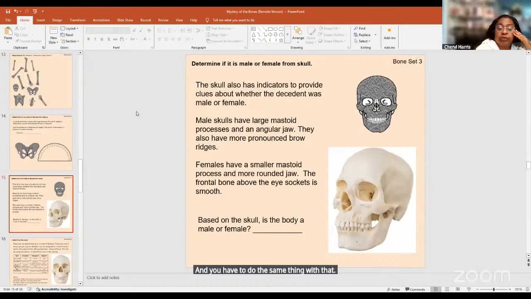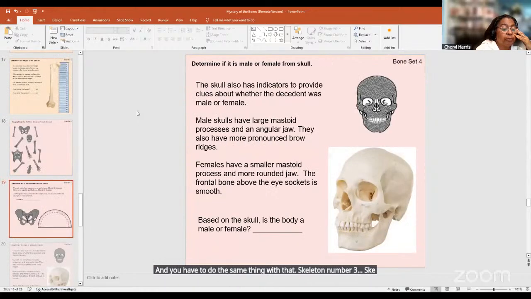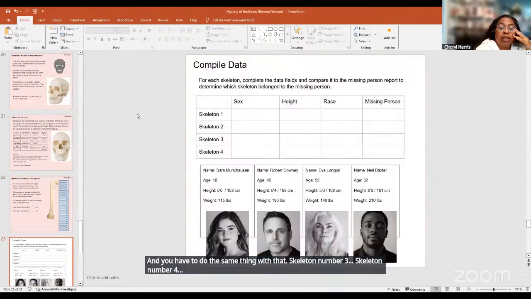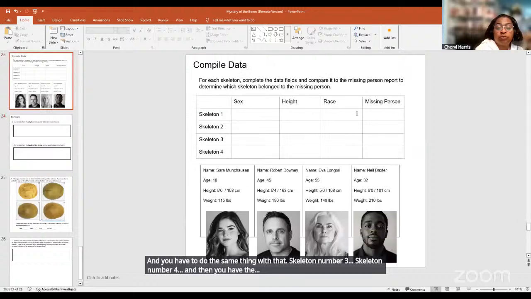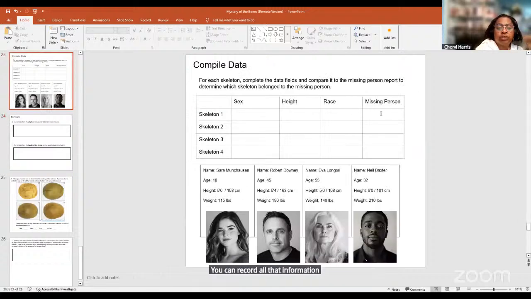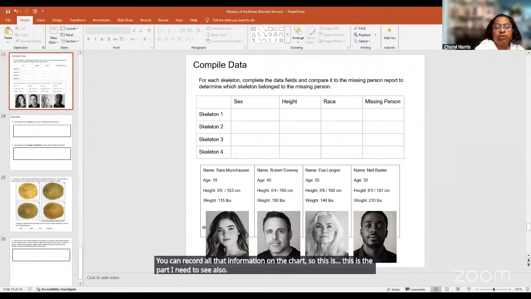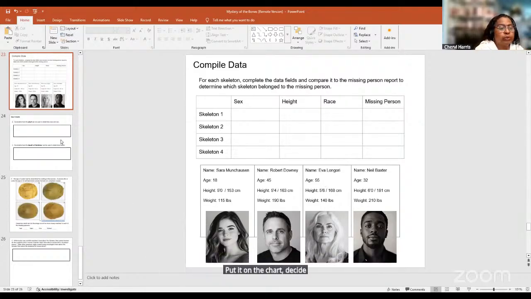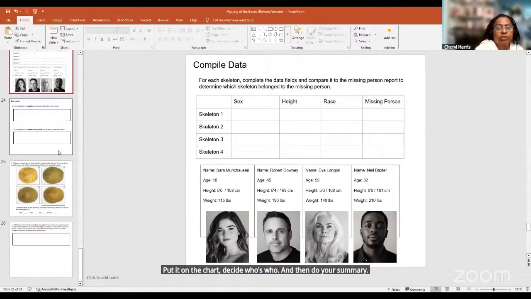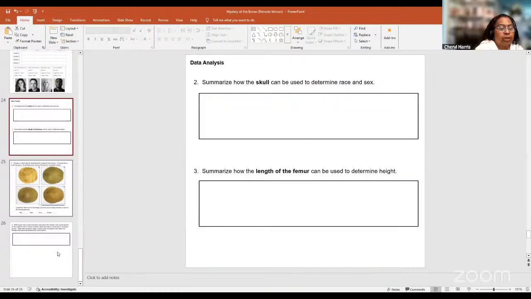Skeleton number 3, skeleton number 4, and then you can record all of that information on the chart. So this is the part I need to see also. Put it on the chart, decide who's who, and then do your summary discussions as well. Okay. All right.